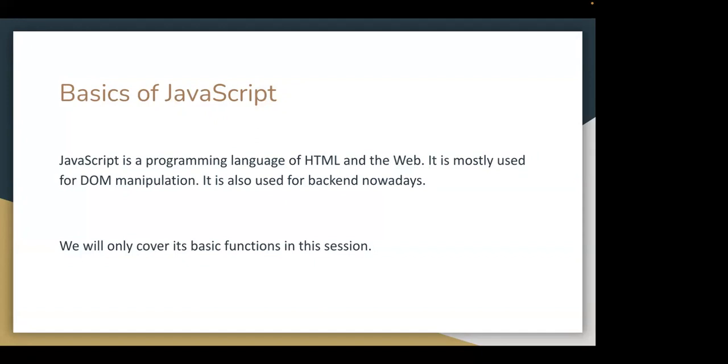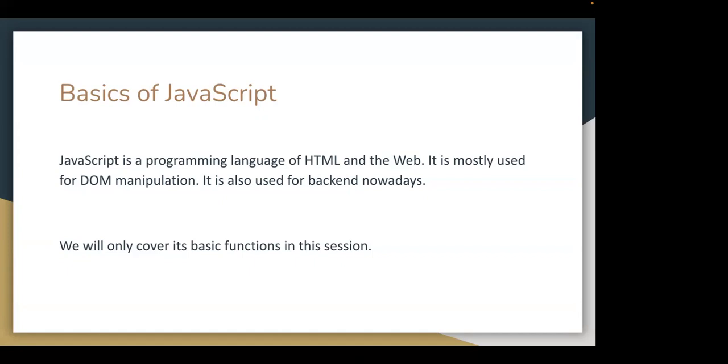Now, before writing a user script, we should know the basics of JavaScript. JavaScript is the programming language of HTML and the web. It is mostly used for DOM manipulation. As I told you earlier, whenever the page loads, HTML and CSS load in the browser, and after that anything you want to change can be done through JavaScript. DOM stands for Document Object Model.